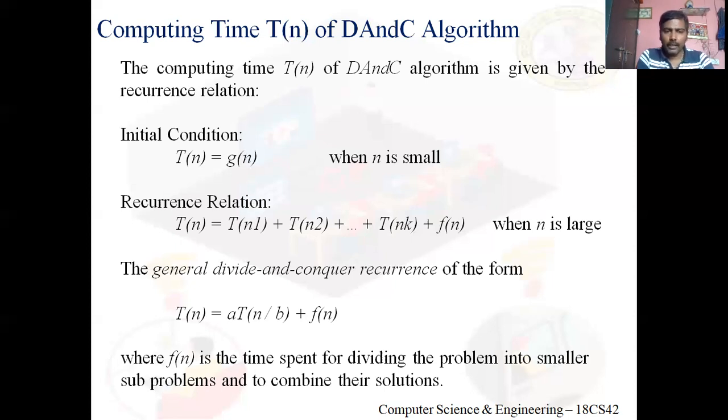I repeat. For any divide and conquer algorithm, the general recurrence for time complexity is of the form T of n equals a T of n by b plus f of n. That means a problem of size n is divided into a subproblems, each of size n by b.